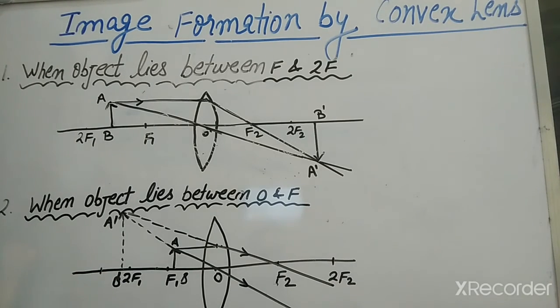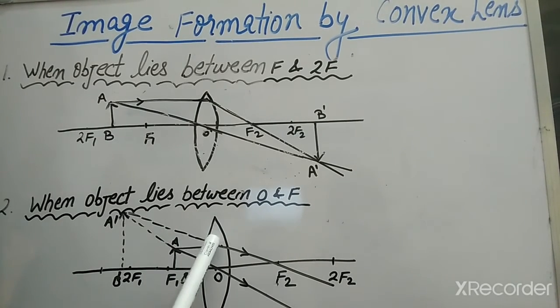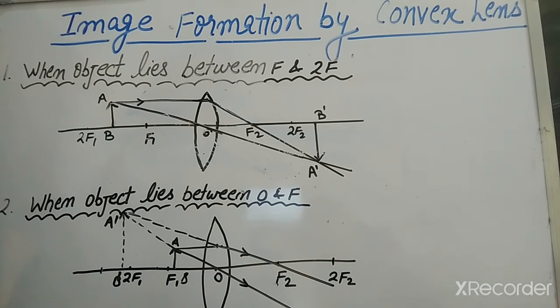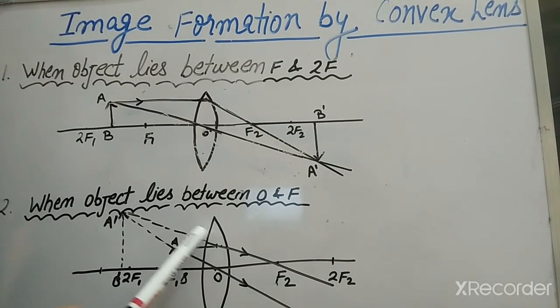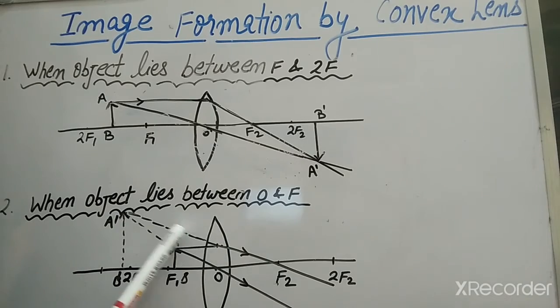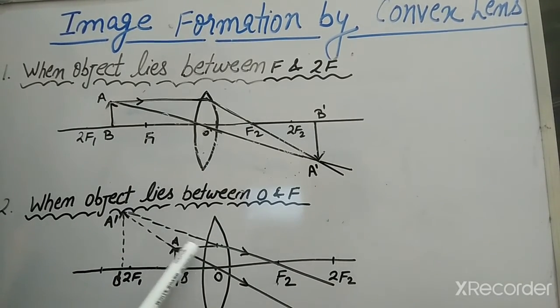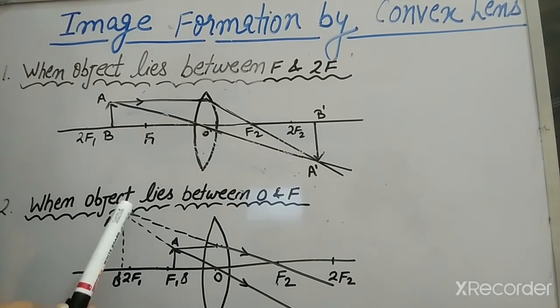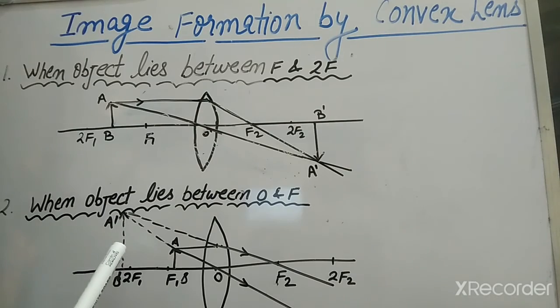So when the object is placed between O and F, we find that a parallel ray goes and passes through the focus, and another ray passes through the optical center. When we extend them behind, we find that the two rays meet here. So here is the image formed.